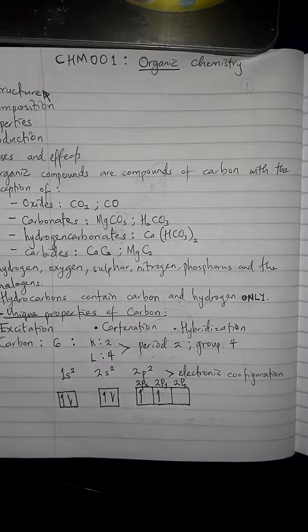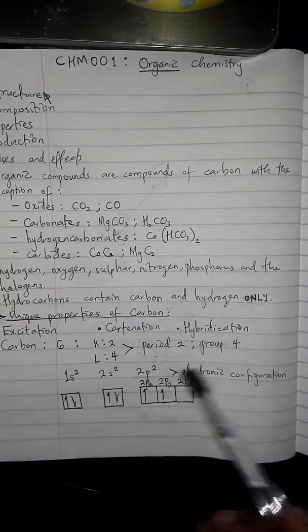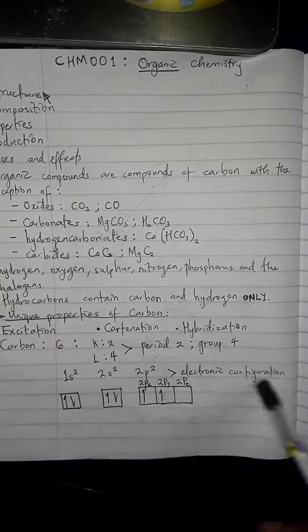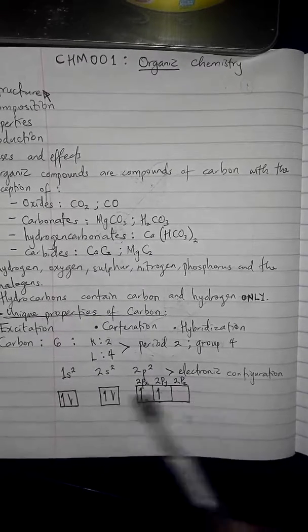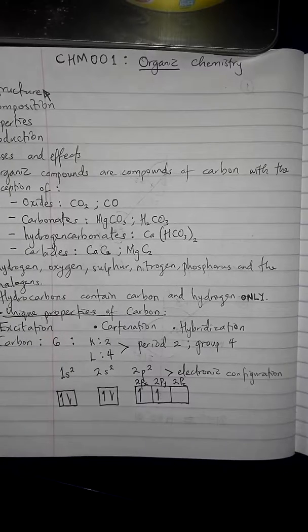So that's the electronic configuration of carbon: 1s2, 2s2, 2p2, and this is the energy level diagram for carbon.